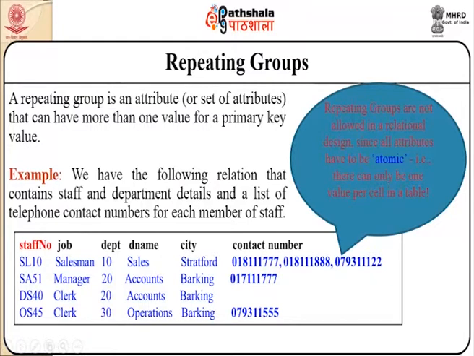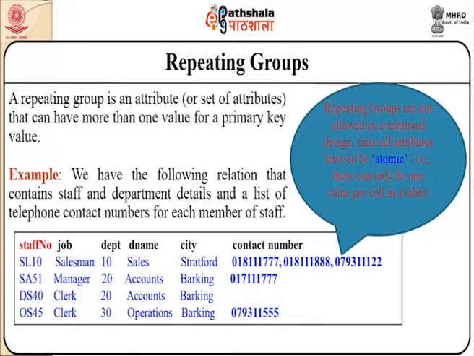I have added only one column on top of what was existing as a previous table in terms of anomaly. In this particular table, we have staff number. Say for SL10 as salesman, there are a list of numbers which are associated as contact numbers in this particular relation, which is not possible as far as a relational database table is concerned.